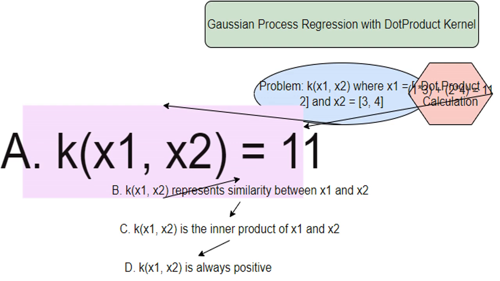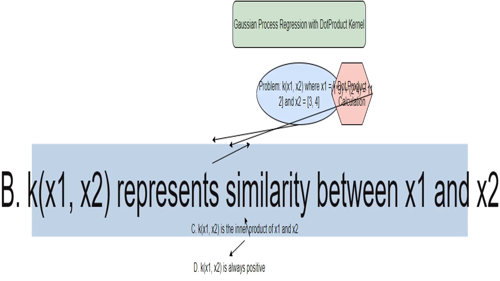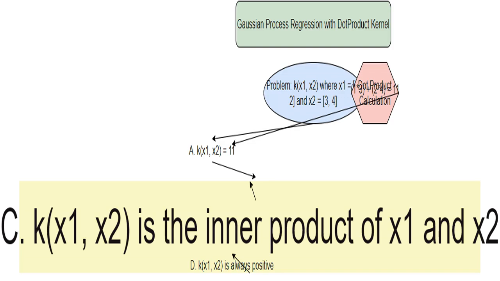This statement claims that the result of the DotProduct kernel gives a measure of how similar x1 and x2 are. That is the core idea of kernel methods, to quantify similarity. This states that the output of the kernel is the inner product, which is the same as the dot product of x1 and x2.